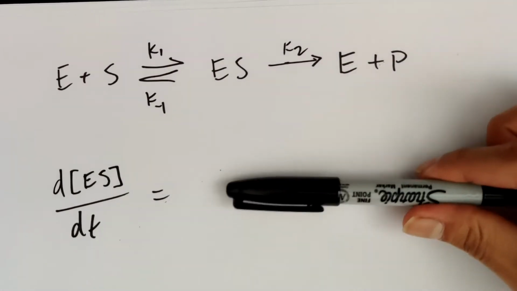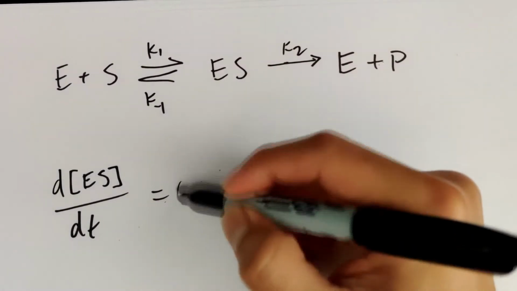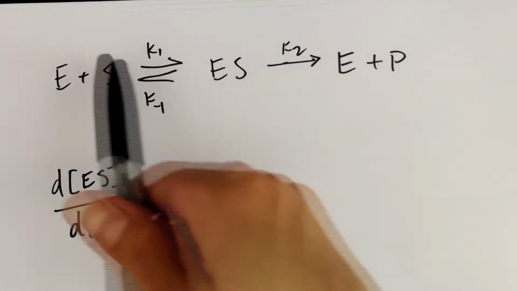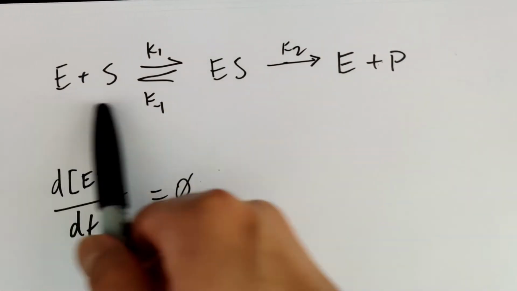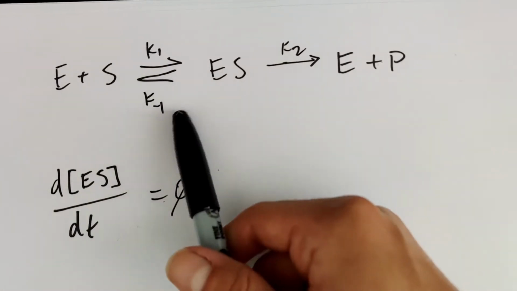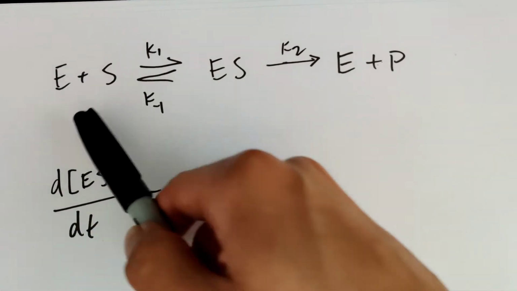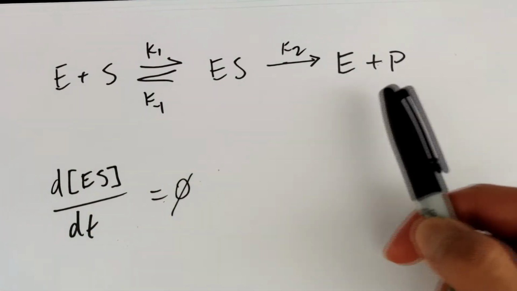The thing is that the change in concentration of the enzyme-substrate complex is actually 0. Why is that? Well, that's because the complex is being made in the forward reaction of K1, but it's also being depleted as it goes back towards the reactants and as it goes forward towards the products.